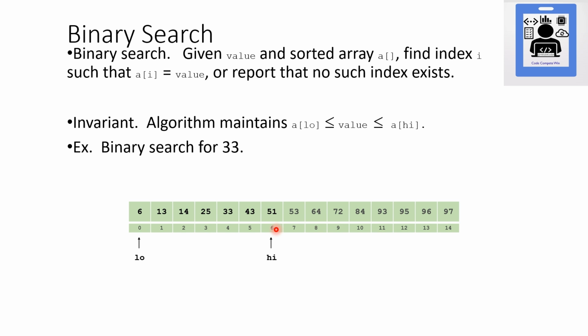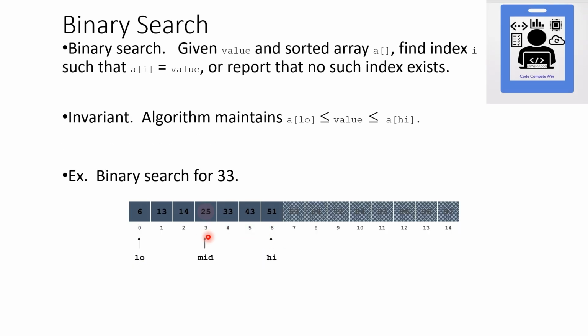Again we find the mid: 0 plus 6 divided by 2 is 3, so our mid element is 25, which is less than 33, so we update our low to mid plus 1.